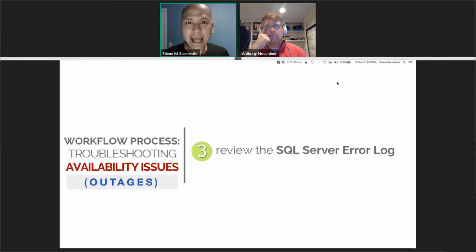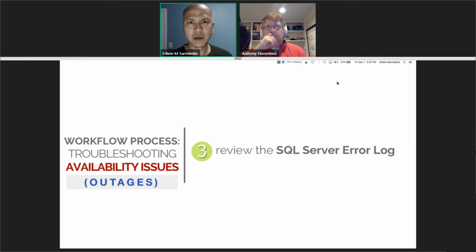In an availability group, I can access the instances because they are totally independent of the failover cluster. In a standalone instance, only the databases that participate in the availability group will be in the failover cluster. Now, in that case, I will open up the SQL Server error log, TextPad, Notepad, whatever.